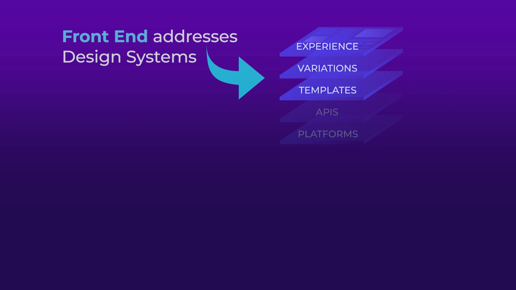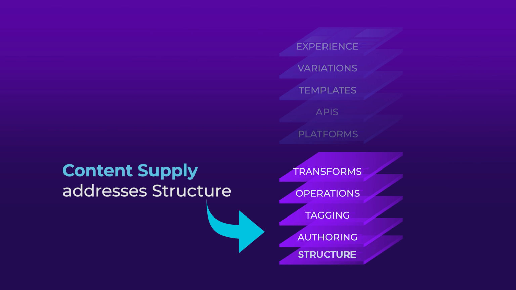And then there's all the content supply side, which is often ignored. And that's the structure and the authoring and the tagging and the operations around content and all of the transforms that content goes through as it moves from authoring through management and transformation and delivery. So whether it's being localized or managed into different regions, there's a process that happens for aggregating and moving that content.